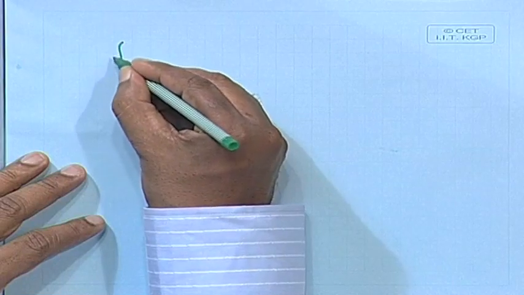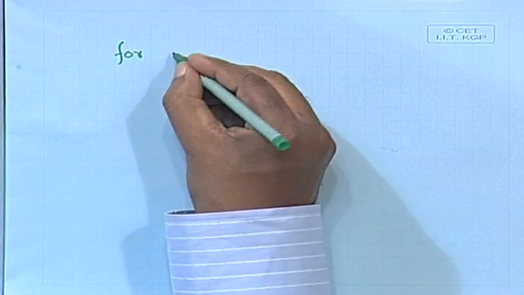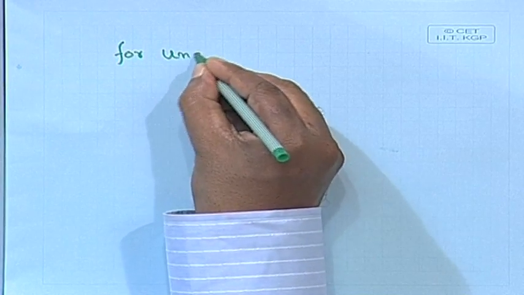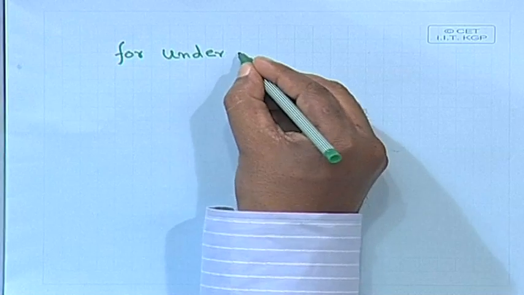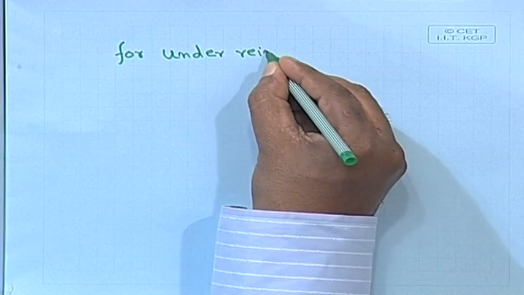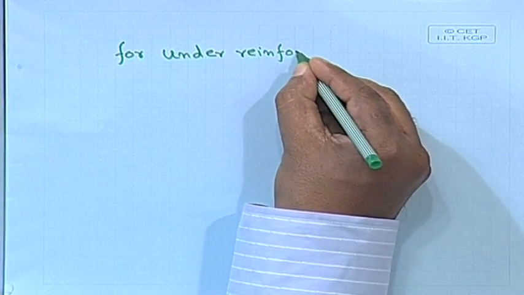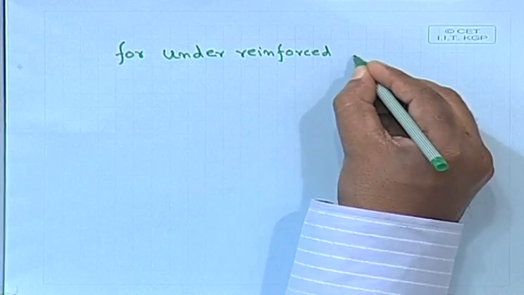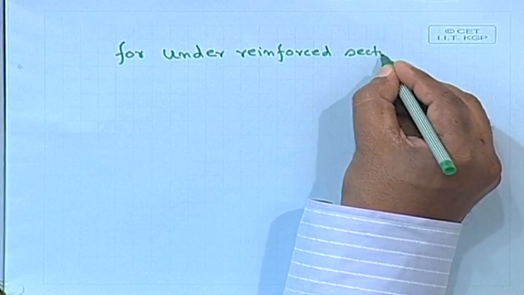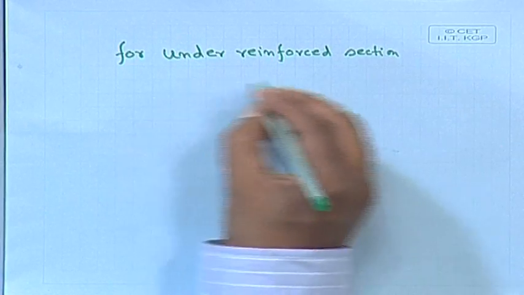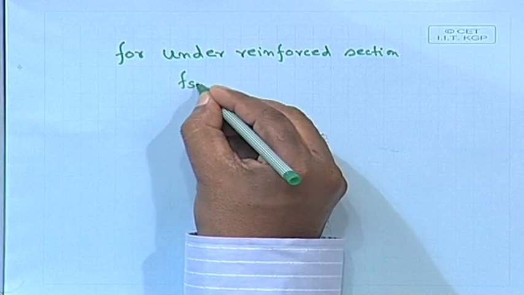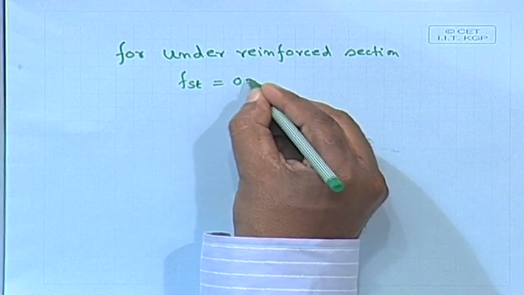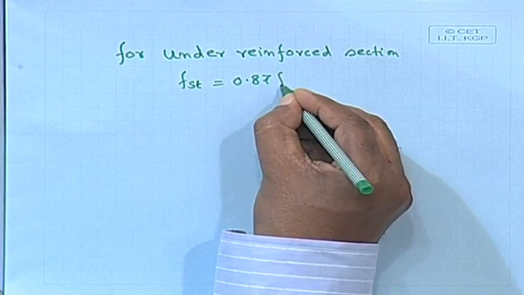So we can write down the equation for under reinforced section: FST equal to 0.87 FOI.